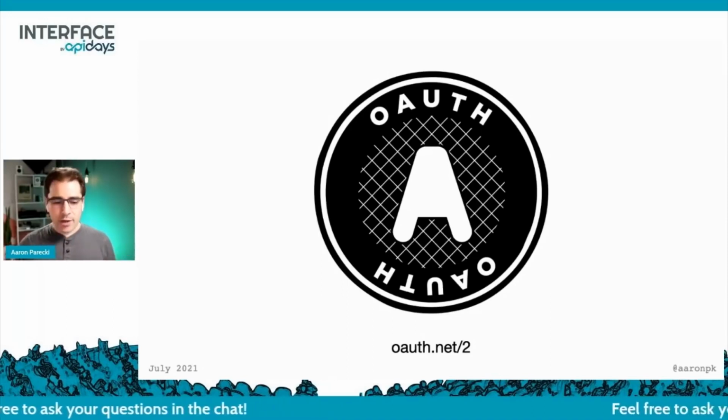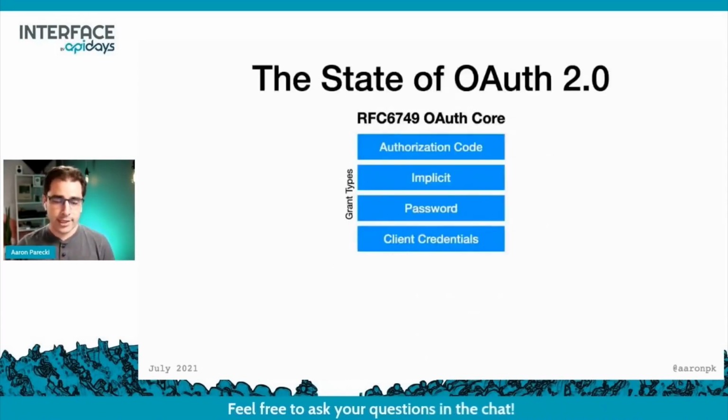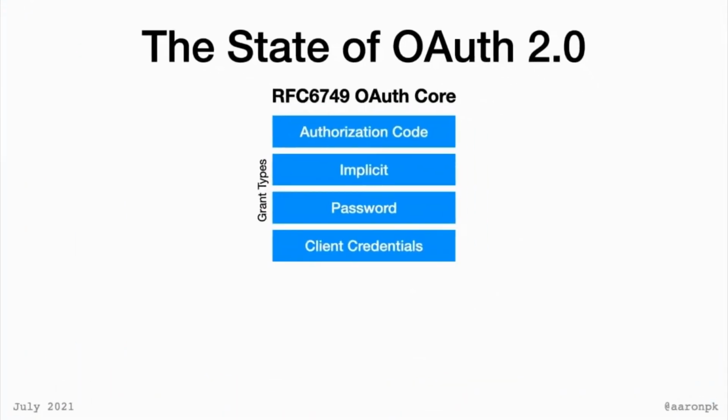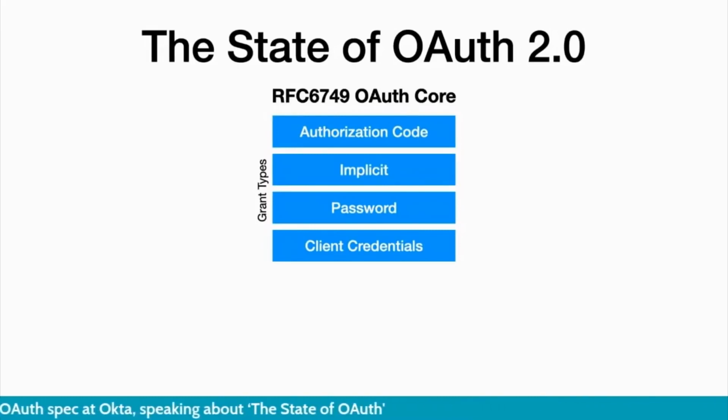So OAuth, it turns out, is not a single spec. OAuth is actually a collection of several specs. And the way this is set up is these are all kind of, think of them as building blocks, where each of these specs provides a specific feature, and you can stack them all up to build a complete system.